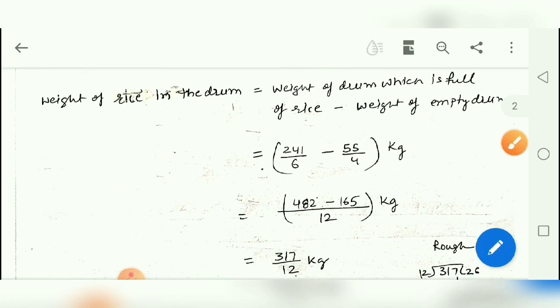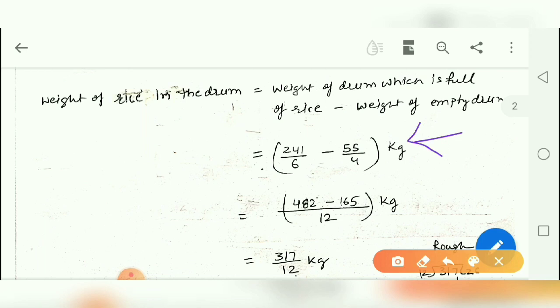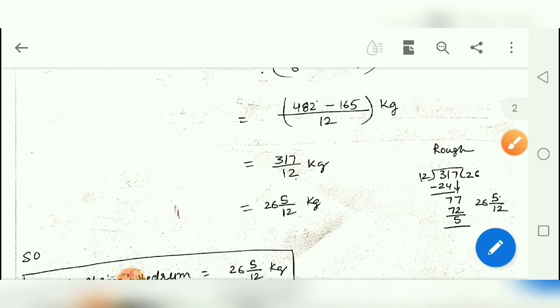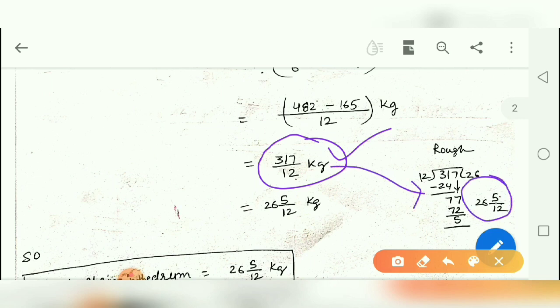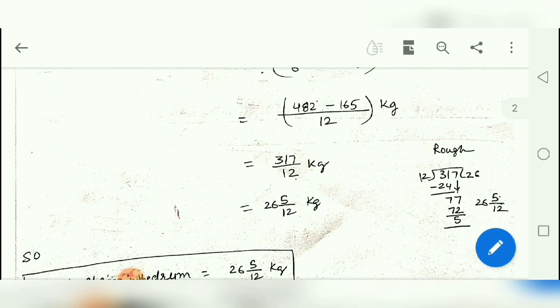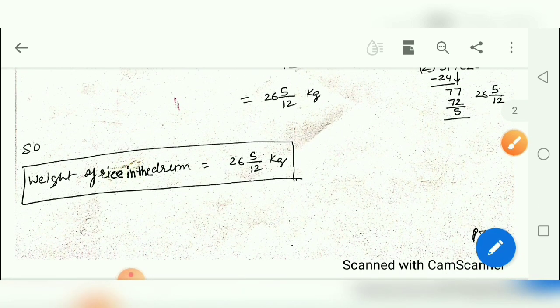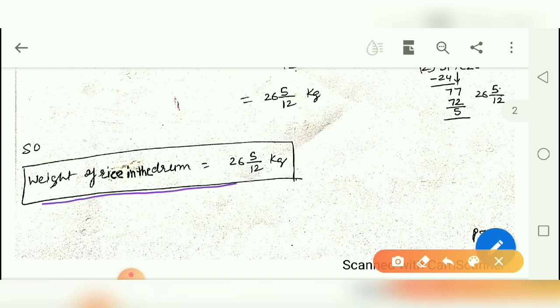So here is our equation. After solving this equation in this way, we have found this as an answer, 317 upon 12, and I will convert this into a mixed number like this. So we will write our answer as weight of the rice in the drum is 26 5 upon 12 kg.